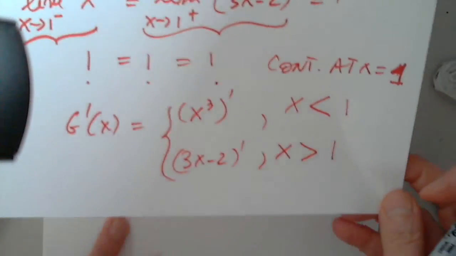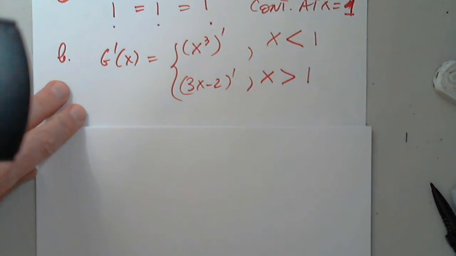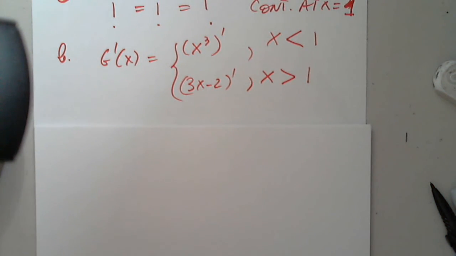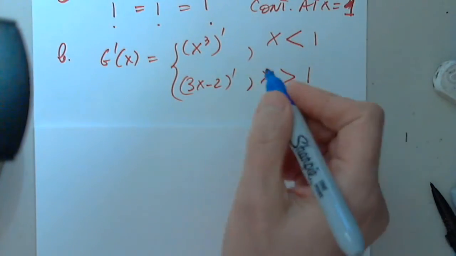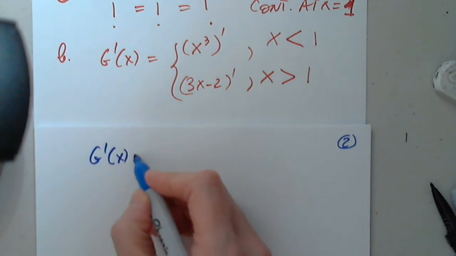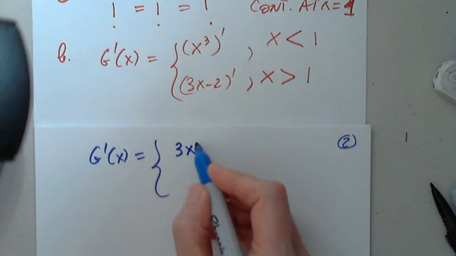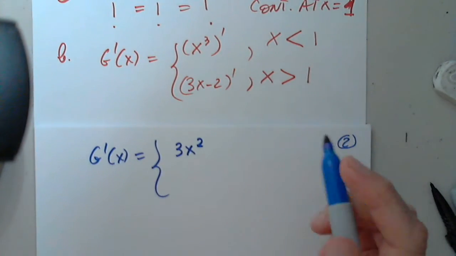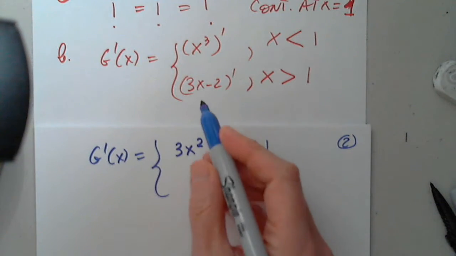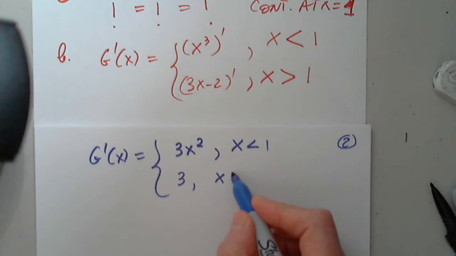I don't want to spend too much time on this because we're going to do this right now. I'm going to start with the differentiation rules. So allow me to just give you the answer. So then g prime equals 3x squared, just trust me for the next 3 minutes, with x less than 1, and this is 3 for x greater than 1.